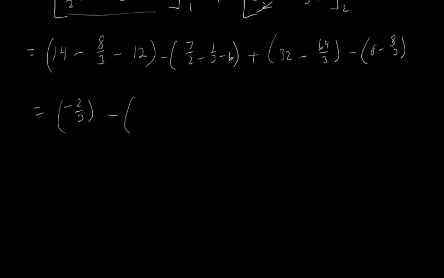Okay, so 7 halves, that's going to be 21 sixths minus 2 sixths minus 36 sixths. So we've got 21 minus 38, which is going to be negative 17. Yeah, I think that's right. So that's going to be negative 17 over 6 plus, okay, 32 becomes 96 thirds minus 64 is 32 thirds.